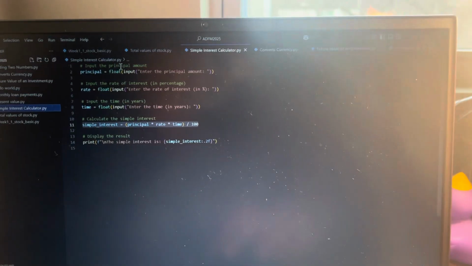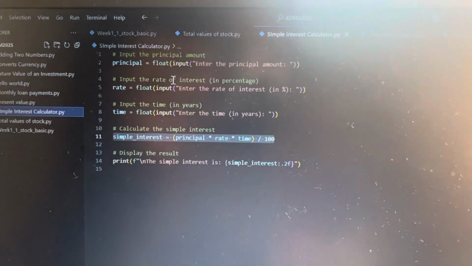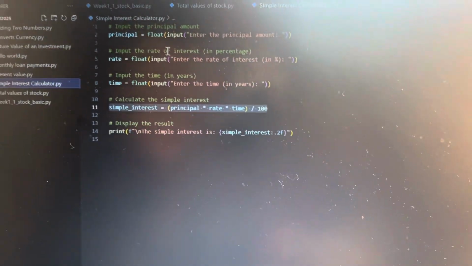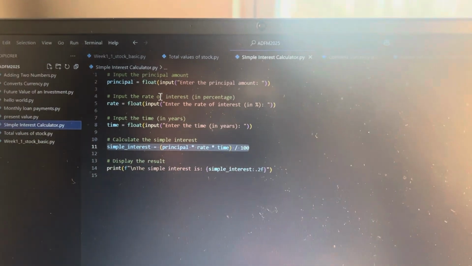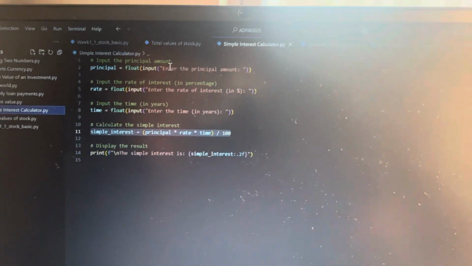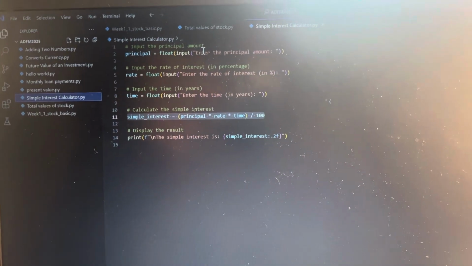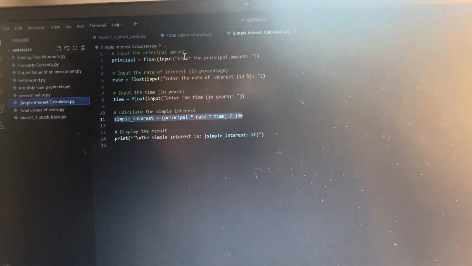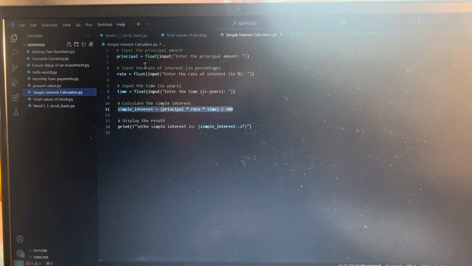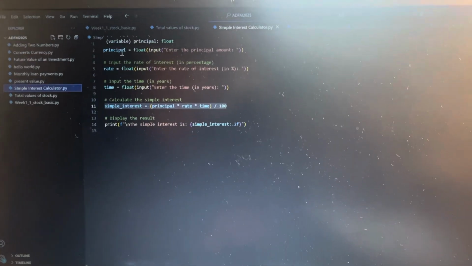Lines 1, 3, 5, 7, and 9, again, are comment lines, just telling you what's happening beneath them. Then for lines 2, 4, 6, and 8, again, what's before that equal sign is what your values will be stored under.